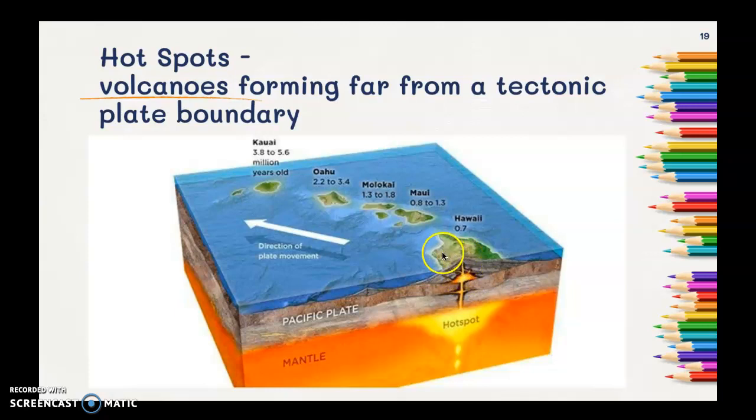As the plates move, these old volcanoes are moved away from the hot spot, so they go extinct, and some new volcano forms above the hot spot right there. Think of this like a metal plate sliding above a welding torch. If the torch were hot enough to melt a spot on the plate, and you could hold the torch still but move the plate along, it would leave these molten areas right above it. That's what's going on there.